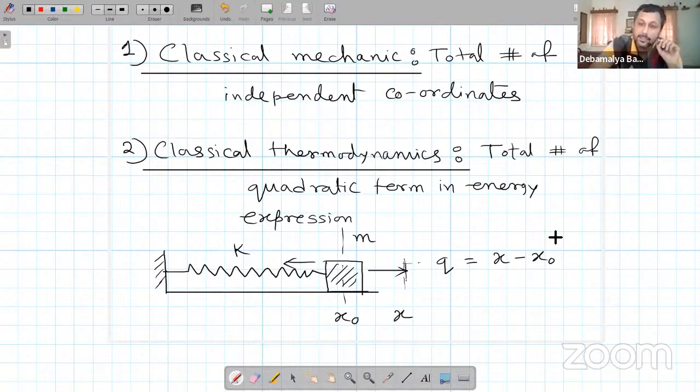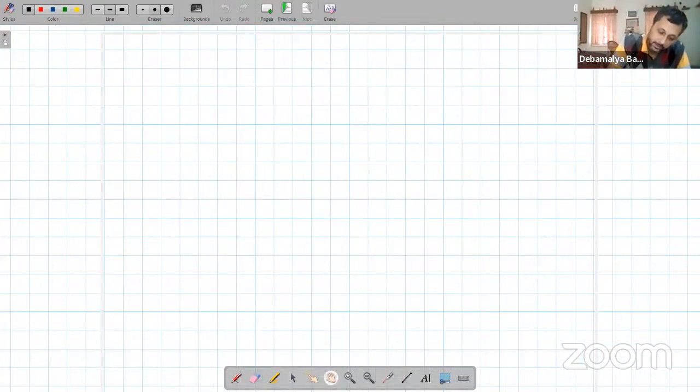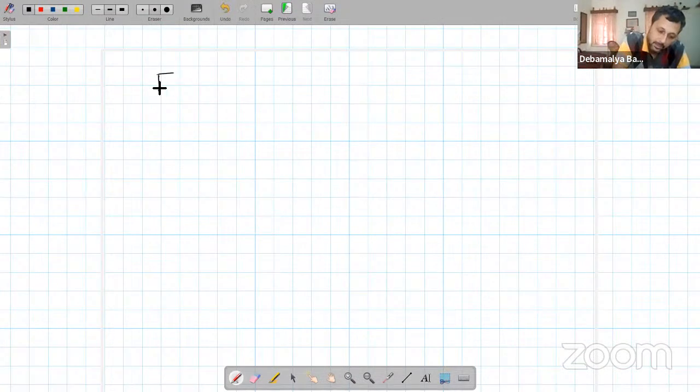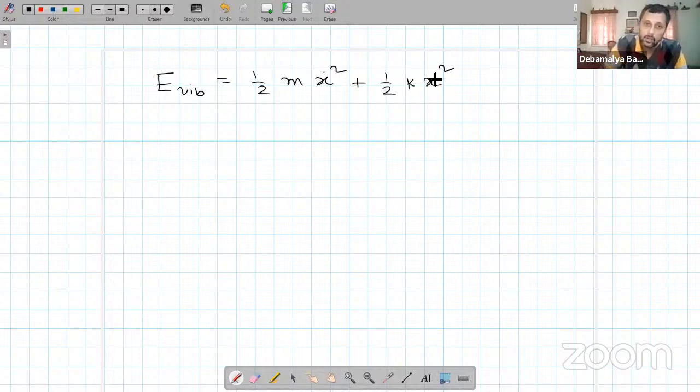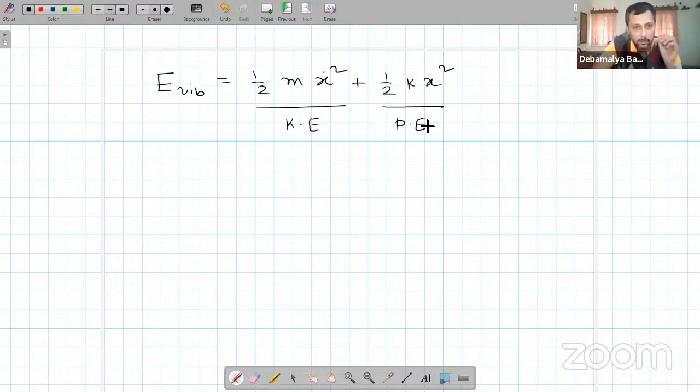But when we write the energy expression for this simple 1D oscillator, what do we get? The energy E of vibration is equal to half m x dot square plus half k x square. This is the kinetic energy, this is the potential energy, and both are quadratic in nature.